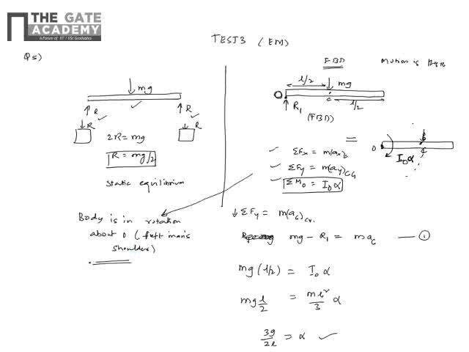So about O, the acceleration of point C can be written as R alpha, the tangential acceleration. R is L by 2 into alpha, because C is a point which moves in a circle. So a C is L by 2 alpha. This is equation 2, and this is equation 3.